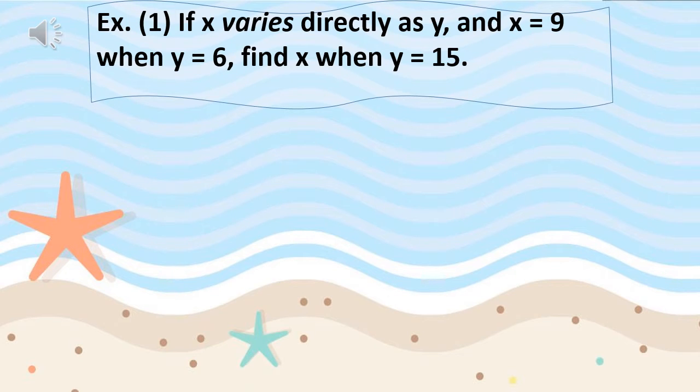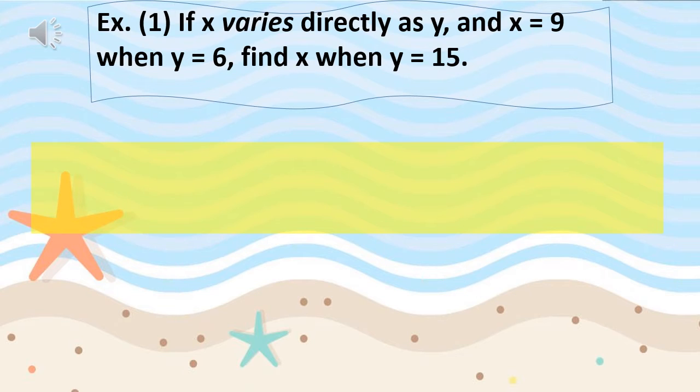So, let us see stepwise how we can solve this type of question. Step 1 is write the correct equation. Direct variation problems are solved using the equation y is equal to kx. So, we know the equation of direct variation.